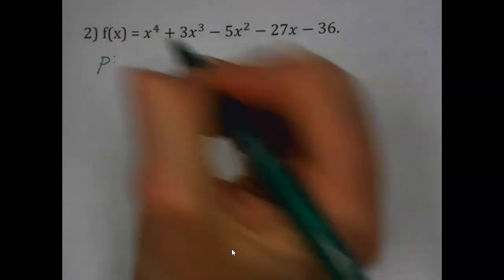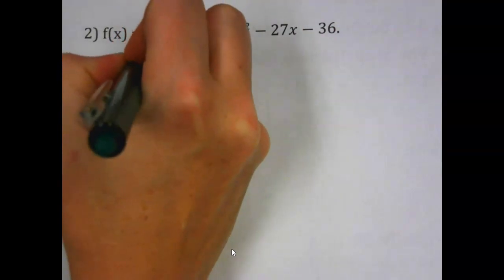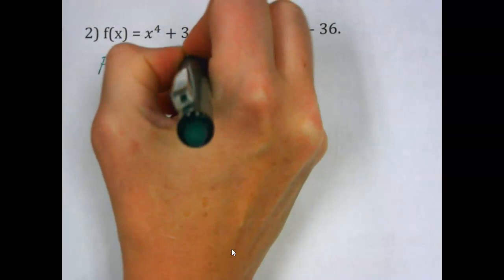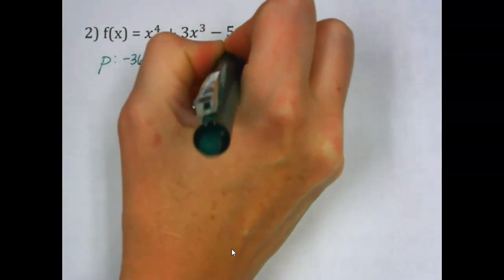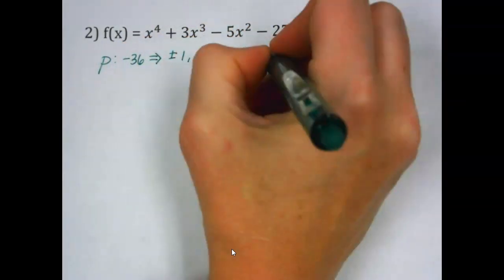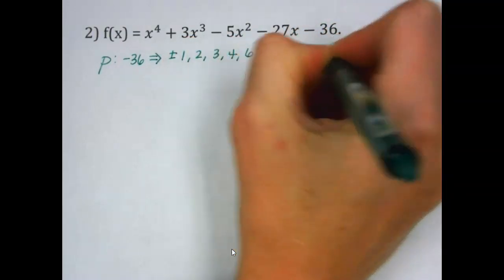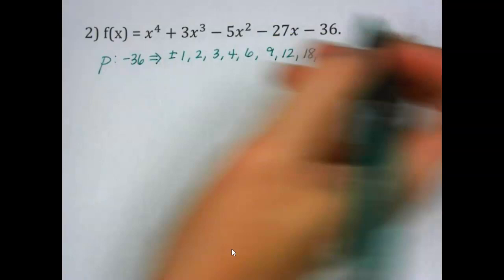All right, so our p-value this time is negative 36. This is going to have a lot of factors. Let's see, 1, 2, 3, 4, 5 doesn't go in, but 6, 9, 12, 18, and 36.